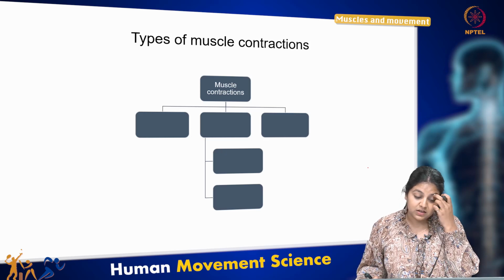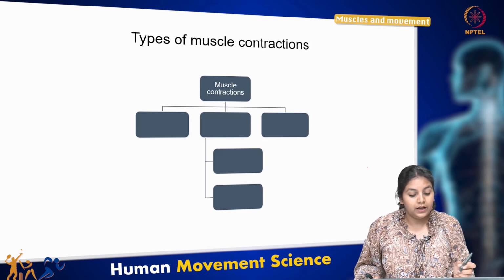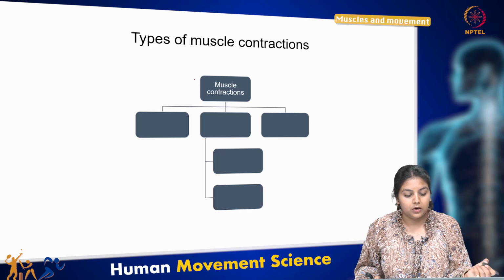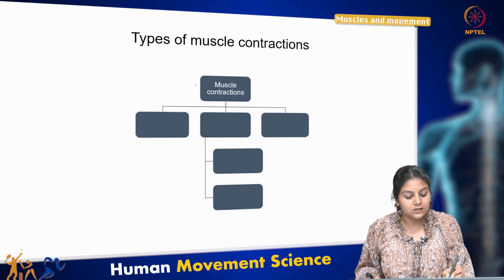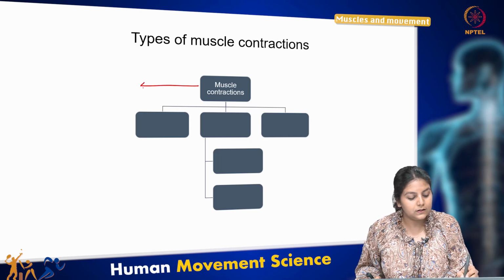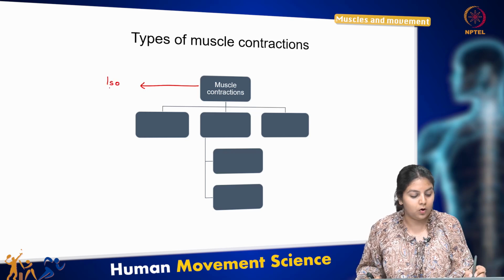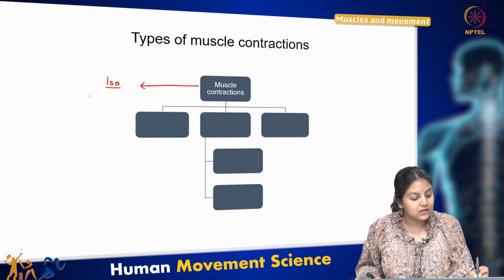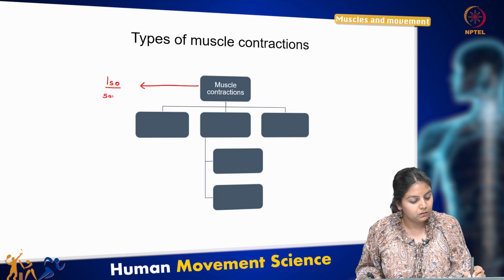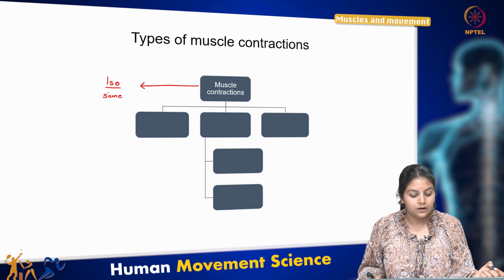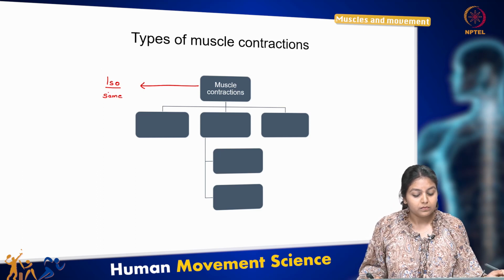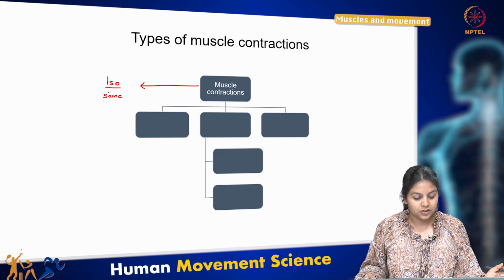So, types of muscle contractions are categorized based on a common word, iso. So, all of them have the word iso in them. What does iso mean? It means same, right. So, let us look at the different types of muscle contractions.